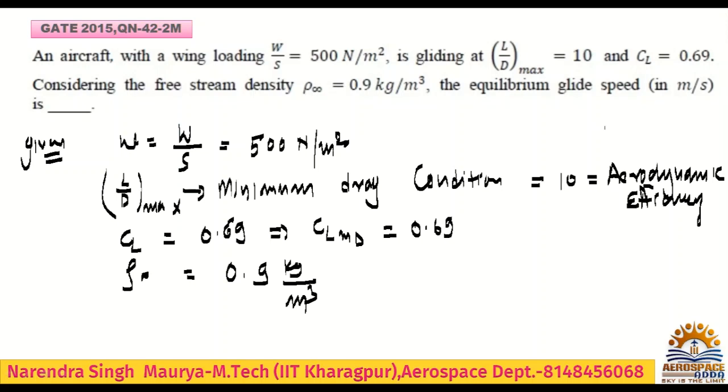The equilibrium glide speed in meter per second. Anyway, this is the glider problem, so I will solve from the very basics. I will draw the diagram. Otherwise it is not required, you can calculate directly, but I will follow all the steps so that it will be very easy for you to understand the problem. This is the glider.